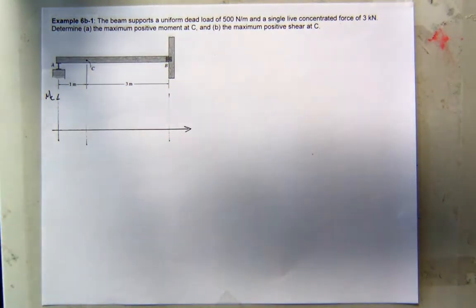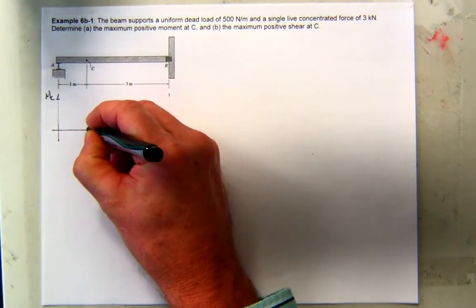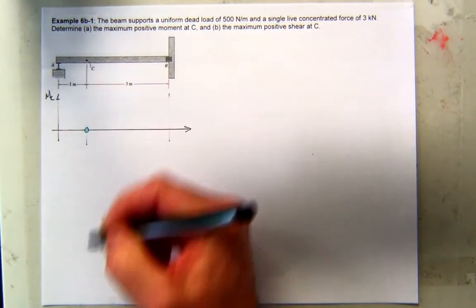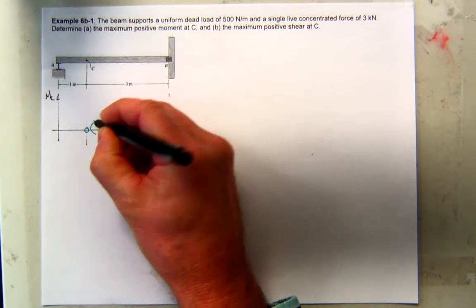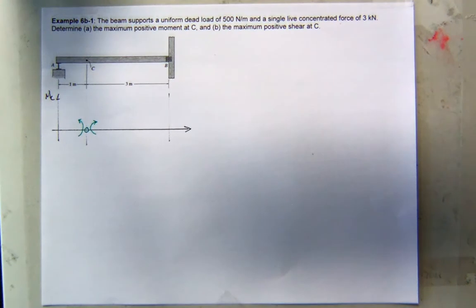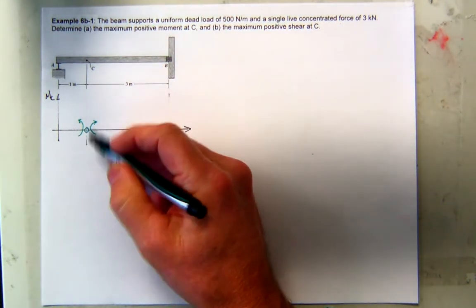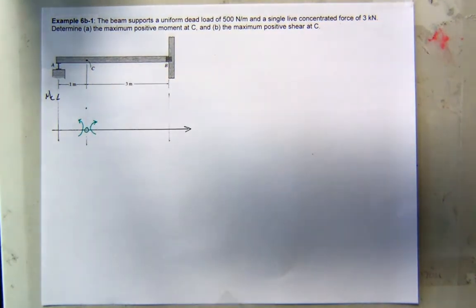Remember, I'm going to imagine at C I have a hinge. And then I'm going to put positive moment on both the right and the left-hand side. And how will that move? How will this point C move, up or down? It will move up.